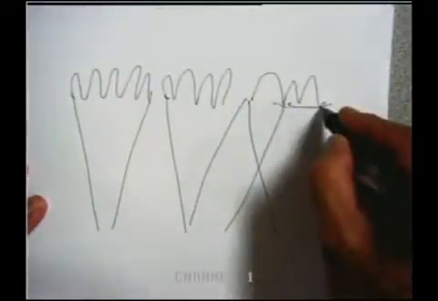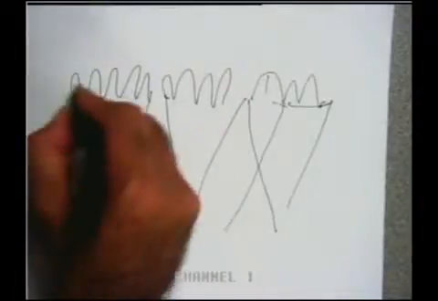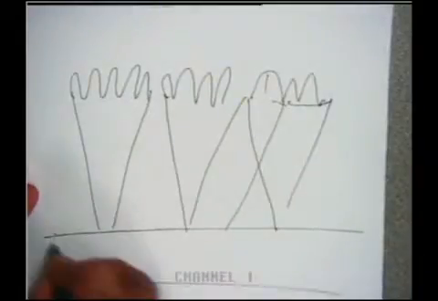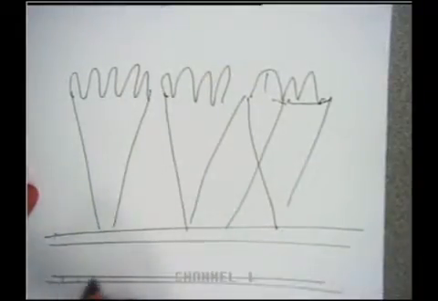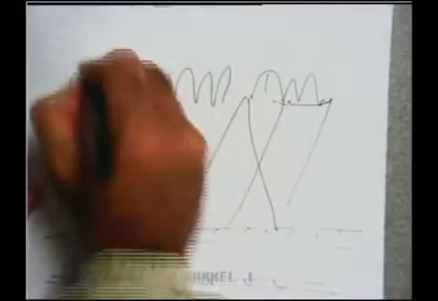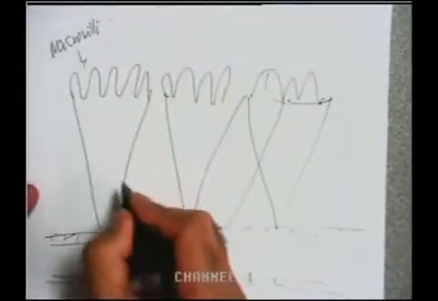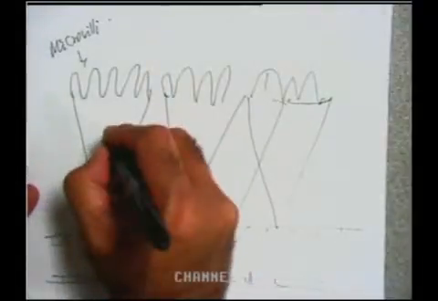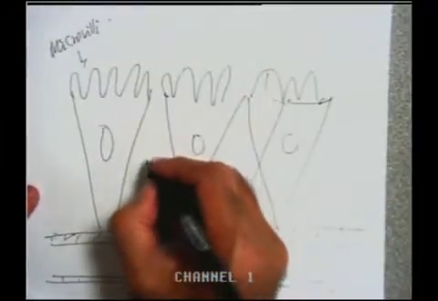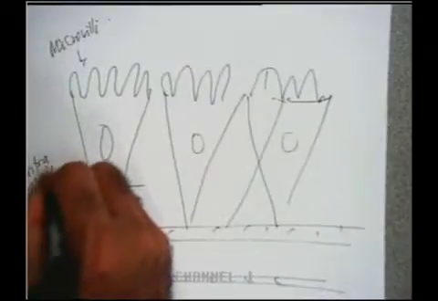Here you get a capillary, these are the endothelial cells, these are capillaries, and these are the microvilli. This is one cell, and this is another cell. In between that you have an intercellular space.